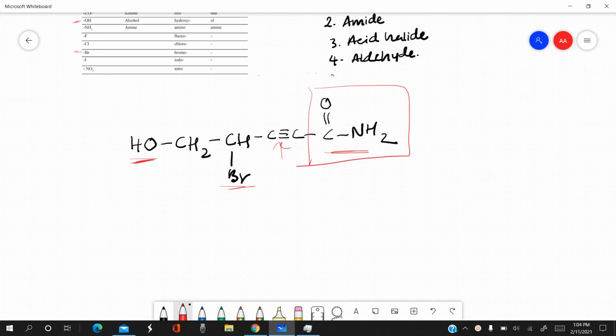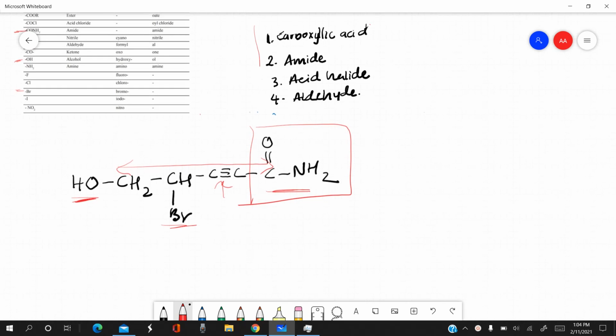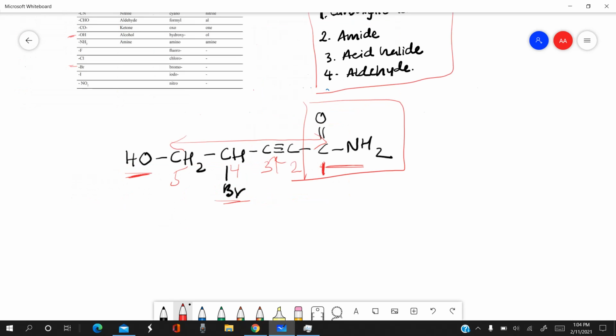Now select the longest carbon chain. This one is the longest carbon chain, and since amide is one of these 4 functional groups, so it's present as the main functional group in this compound, so it receives number 1. 1, 2, 3, 4, 5.